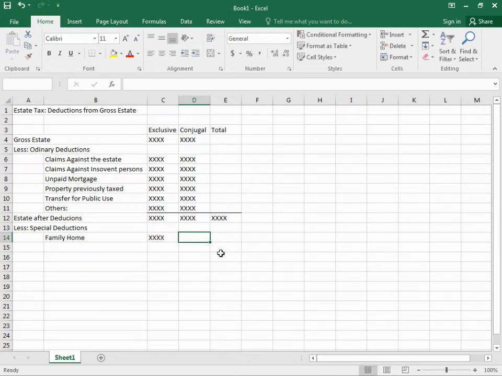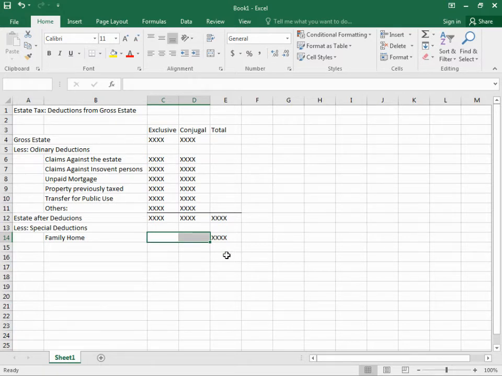Kung yung property naman is a conjugal property, then dito siya sa conjugal property. So, yung total amount ng ating family home deduction would depend kung ano yung classification ng ating family home. Ayan.